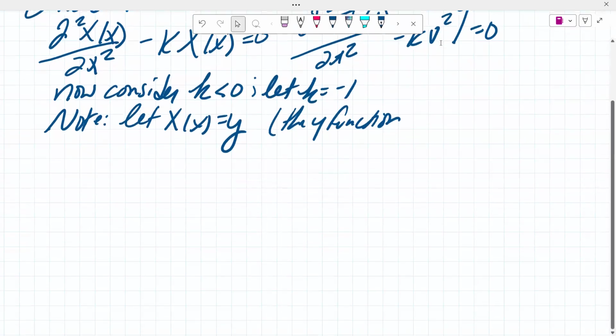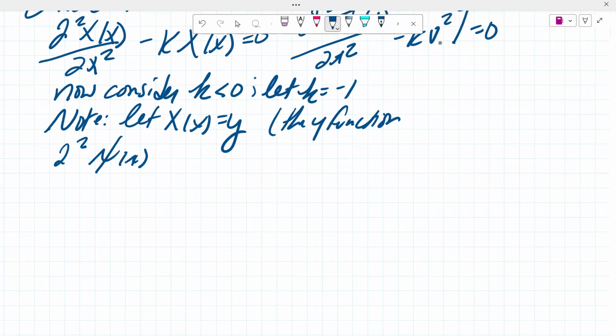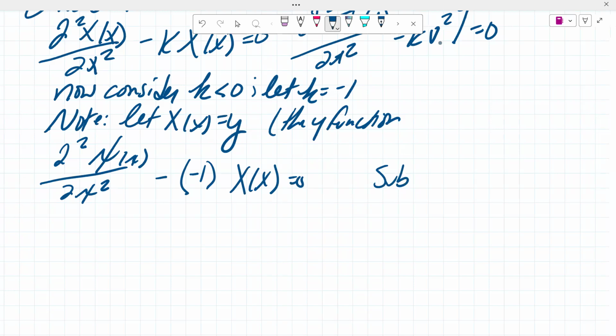Okay. So now what we're going to do is sub in k equals -1. d squared X(x) over dx squared minus what? k is -1, so we substitute that in. X(x) equals 0. So sub in y of x, sub in k equals -1.